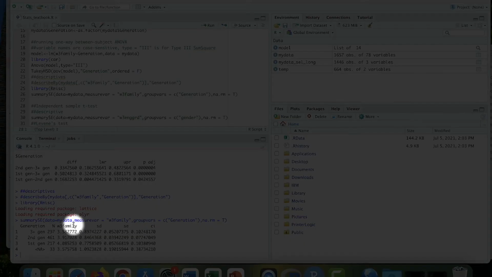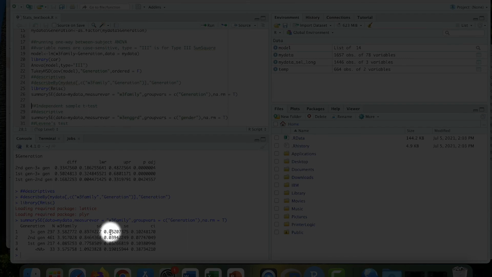So for wave 3 family, third generation group, there are 297 students in that group. Their mean for that group on wave 3 family is 3.58, and the standard deviation is 0.89742, and so on.